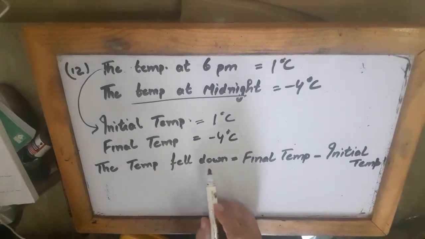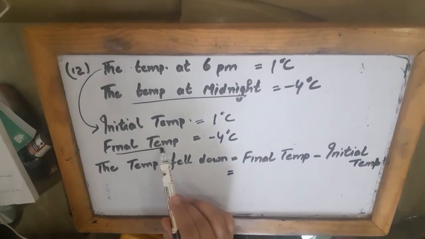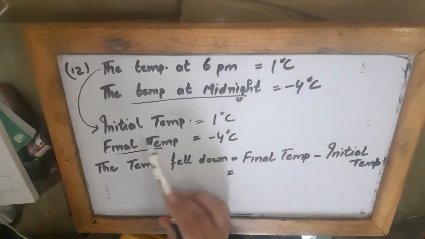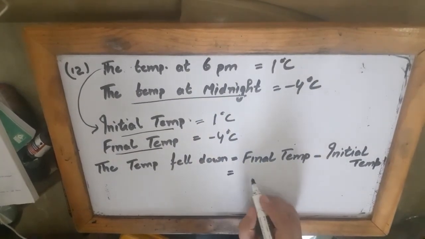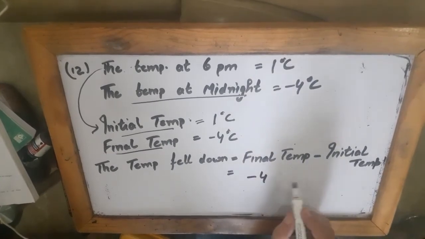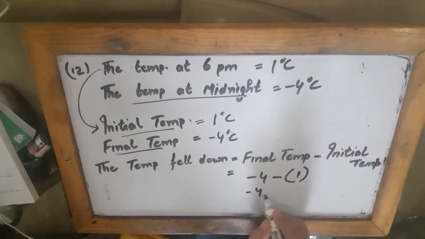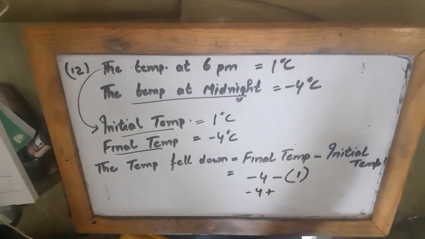Now by how many degrees has the temperature fallen? How will I find out? Final temperature minus the initial temperature. So what is the final temperature? It's minus 4 degrees, and what was the initial temperature? I have to subtract. The initial temperature was 1 degree. So how do we subtract? A subtraction sum we convert into an addition sum, and we change the sign of the second integer.